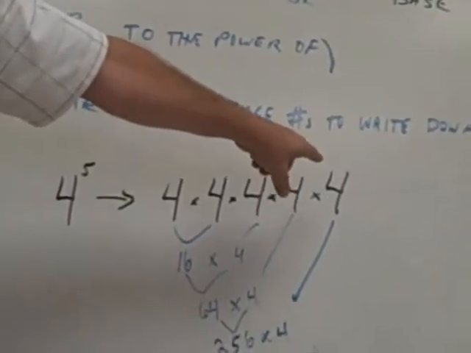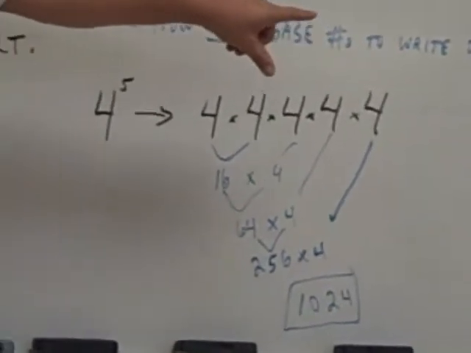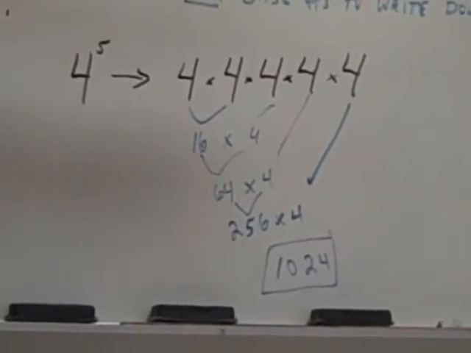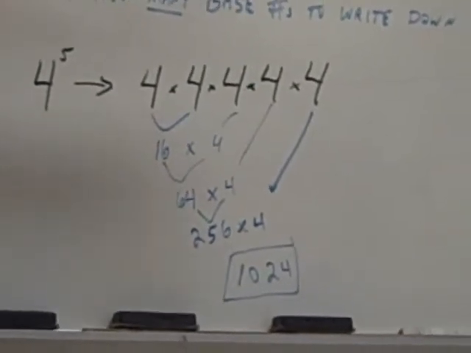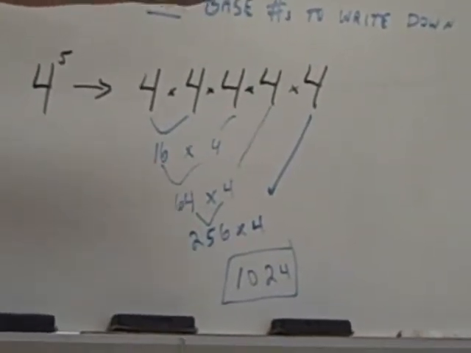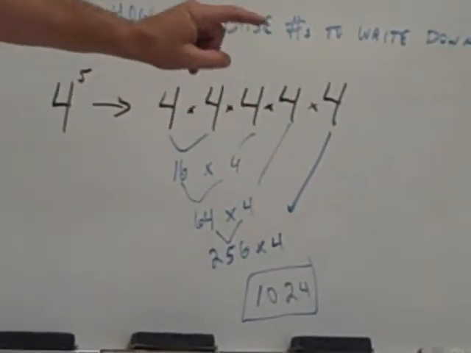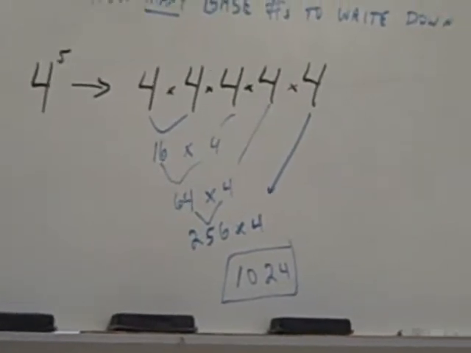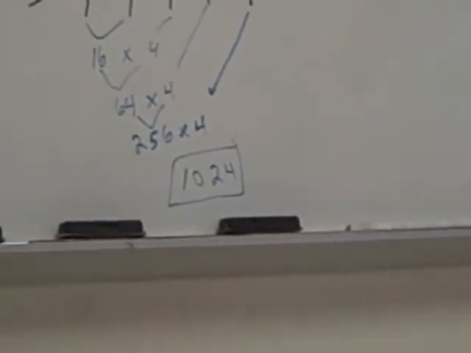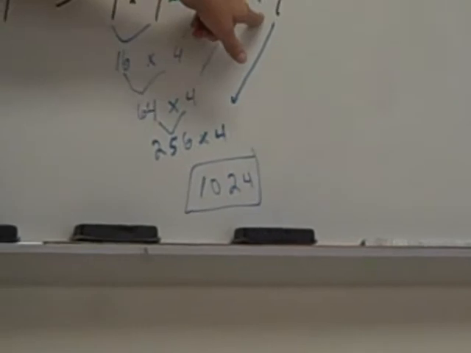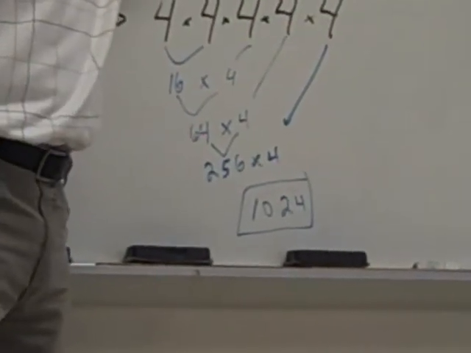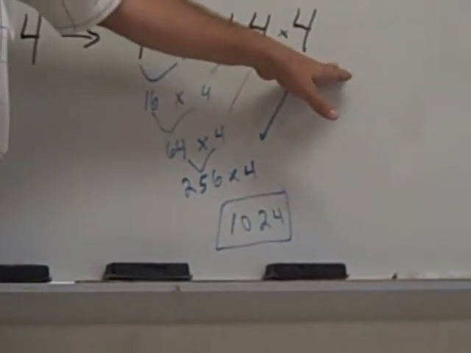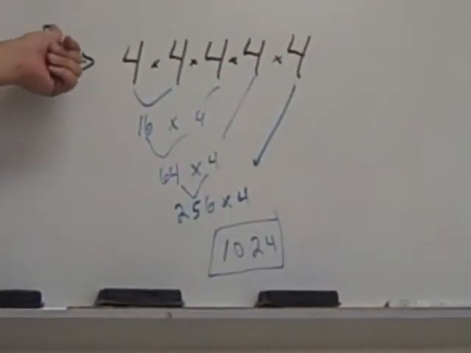If I've been doing math for 45 years, starting at 6 years old, I still write down how many bases I'm supposed to write down to multiply, so I won't make the mistake of multiplying the base times the exponent.